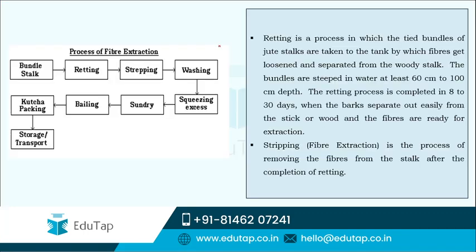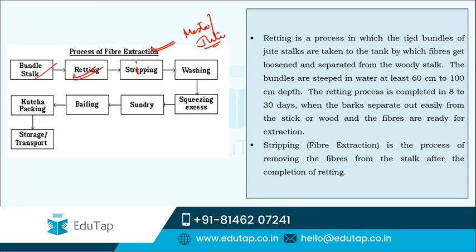See, this is the process of fiber extraction both in mesta or jute. There might be small changes, but this is the overall process of fiber extraction. So the bundle stock is taken up for retting, then stripping. See, what is retting here?